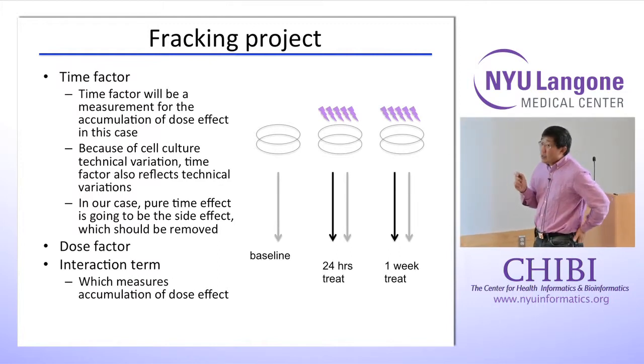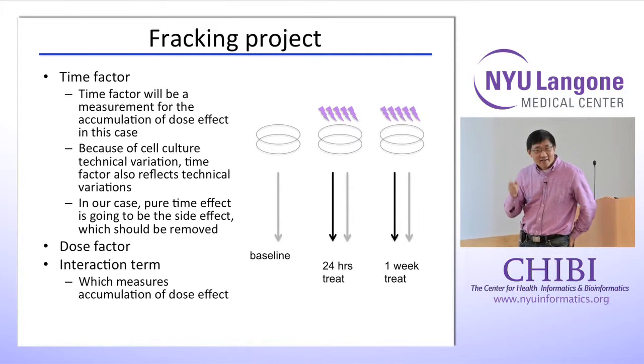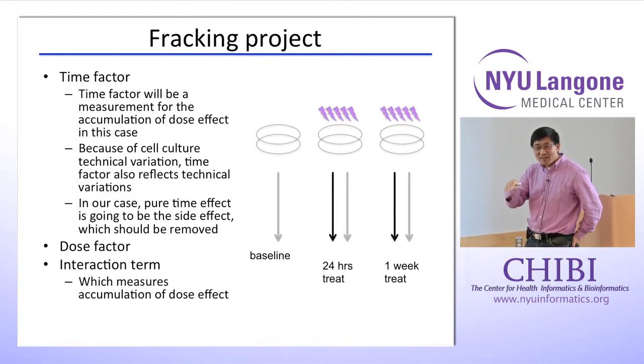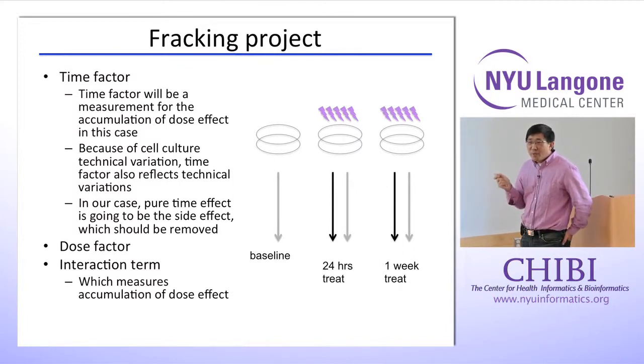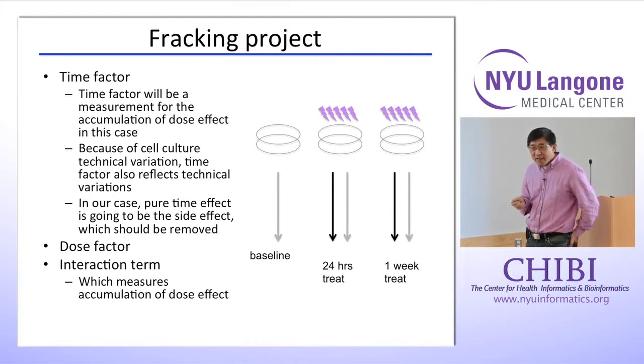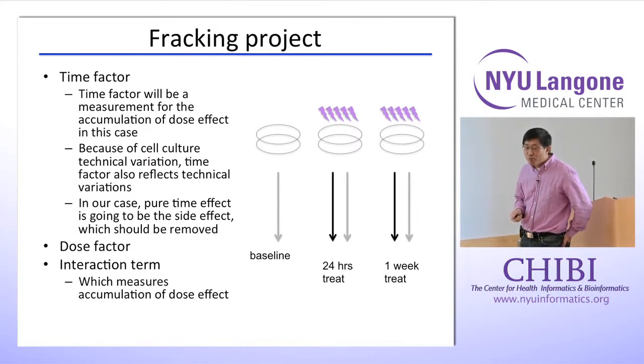So what we did, we took the fracking water. The water had been taken from the spot where fracking drilling is being done. We took that water, put it into the media to make the media, and then cultured cells. After 24 hours, after a week, we harvested cells.